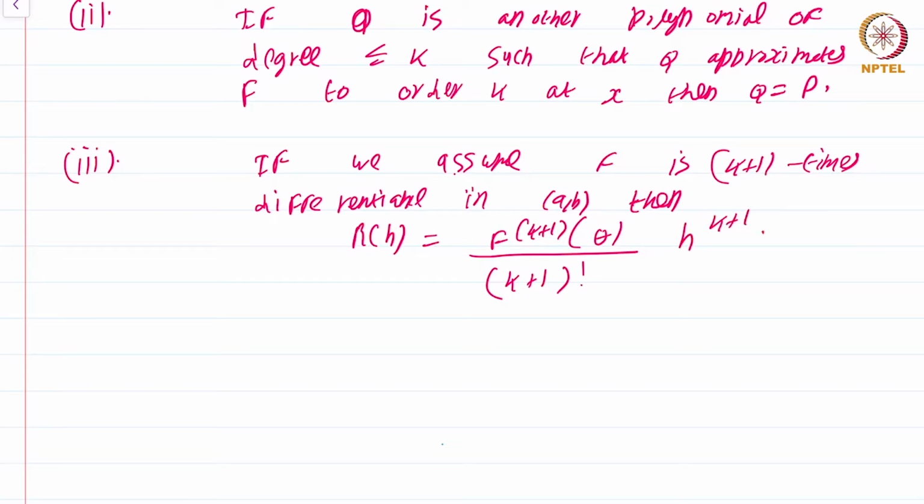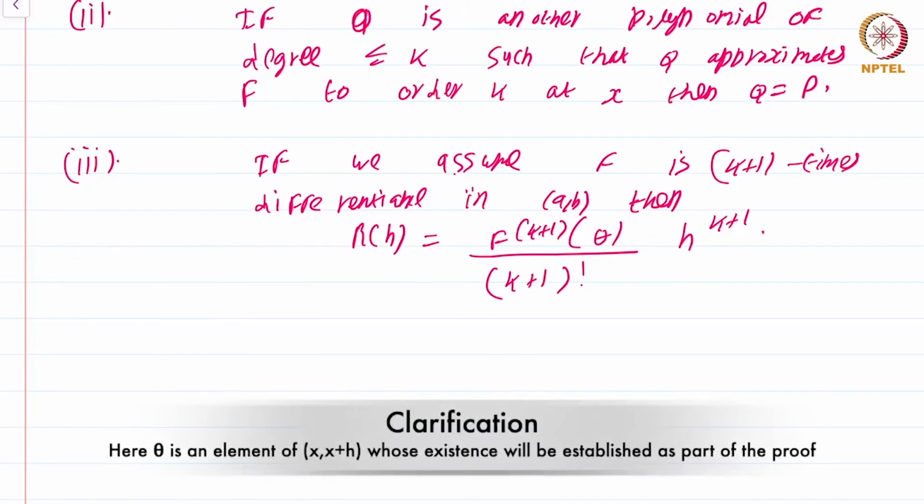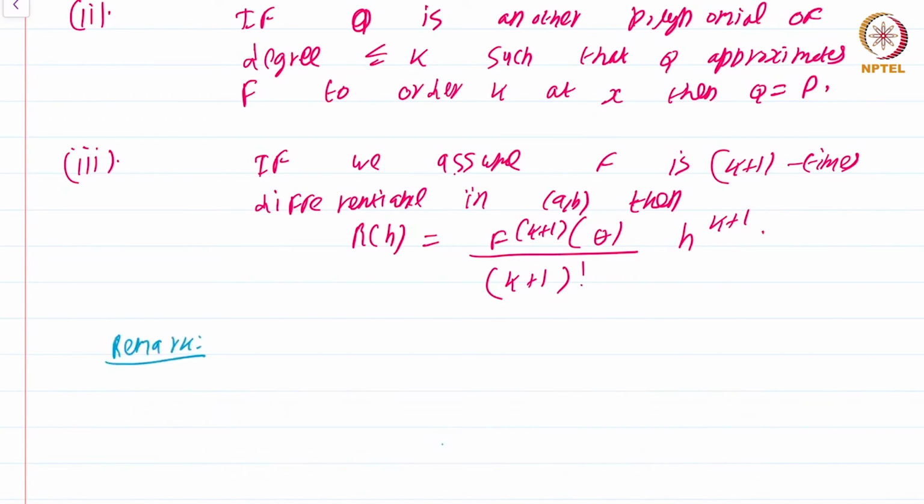You can write an explicit expression for R of h. Let me immediately make a remark. This is known as the Lagrange form of remainder, and it is very useful.